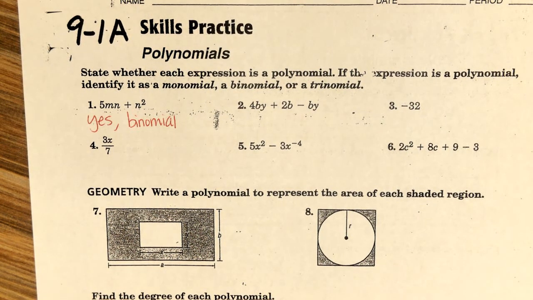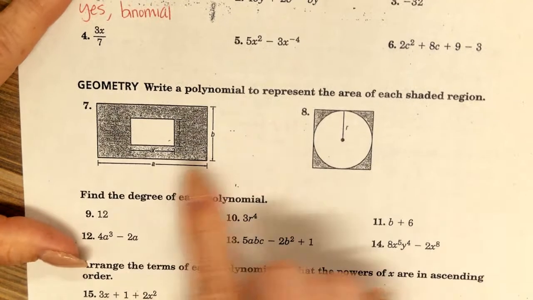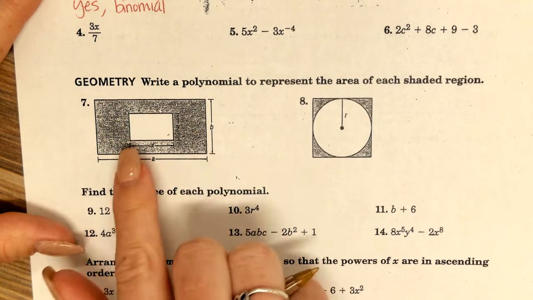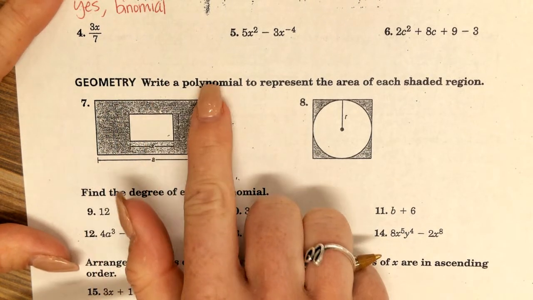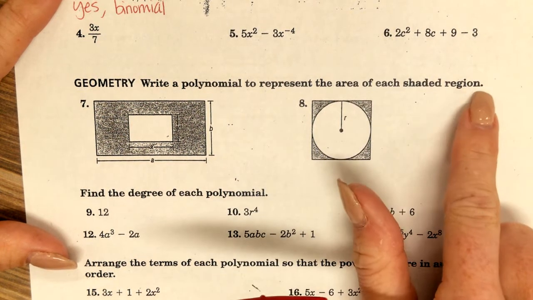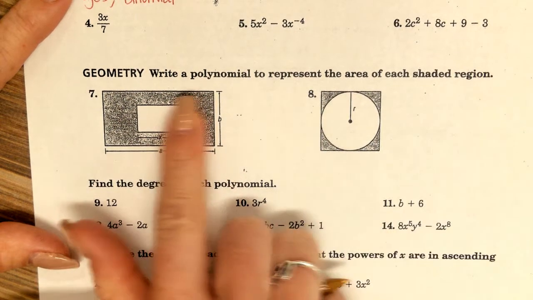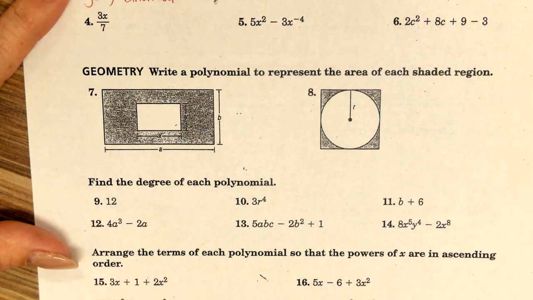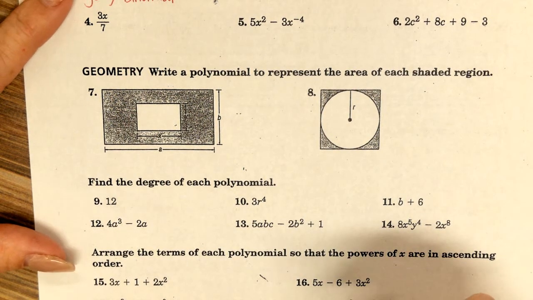Now, number 7 and 8 are kind of challenging. They're kind of like that one that we did on the warm-up today. So this one says, write a polynomial to represent the area of the shaded region. Well, I'm going to do the area of a rectangle minus the area of a rectangle, right? How do you find the area of a rectangle?